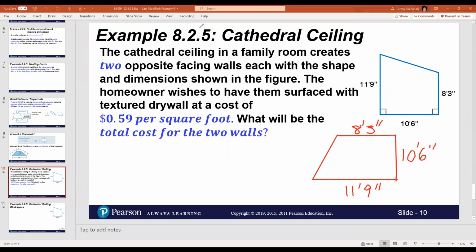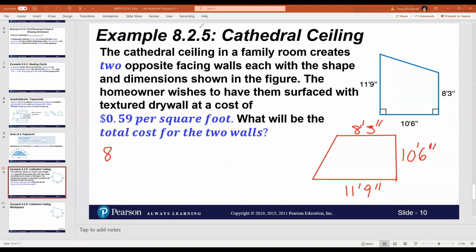The 8'3", what I'm going to do though is calculate this all in terms of inches. Well, maybe I'll do it in decimals since these are going to be even. So 8 feet 3 inches is 8 feet and 3 out of 12. 3 inches is 1/4 of a foot.